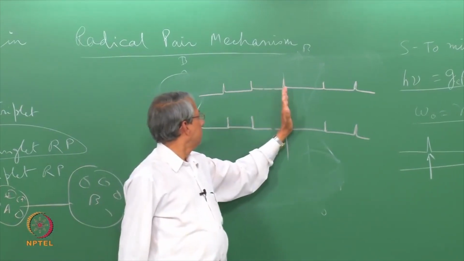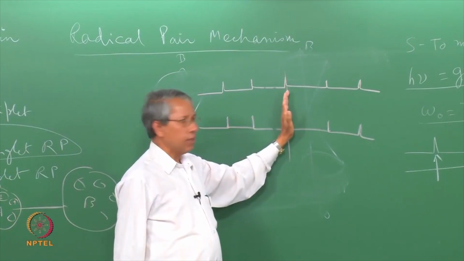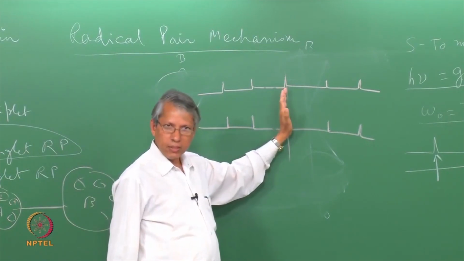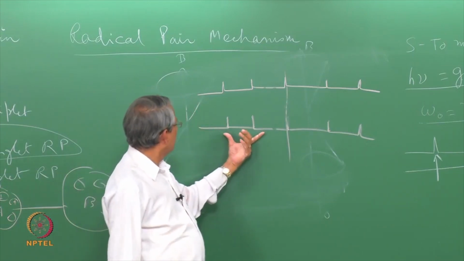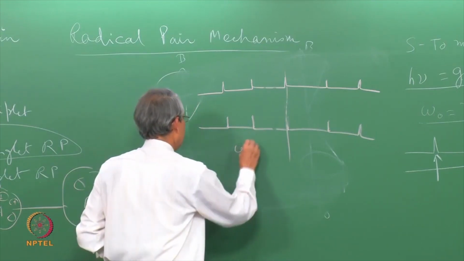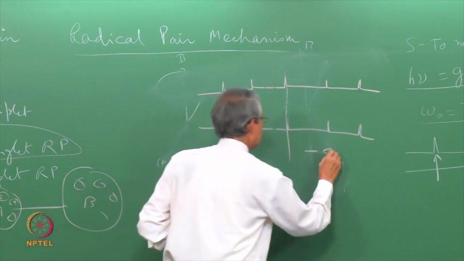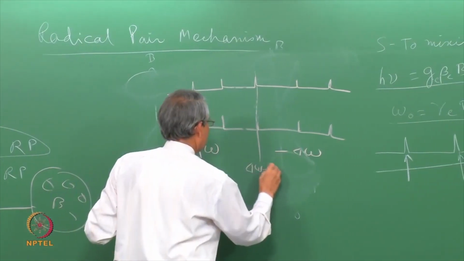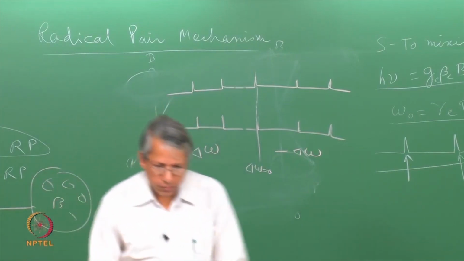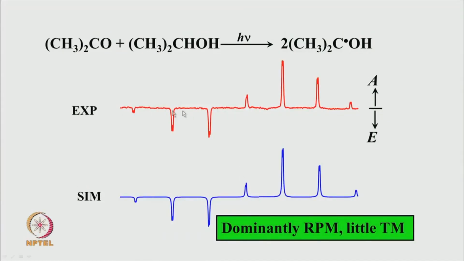For this middle hyperfine line, the precession frequency is precisely 0. If the values are delta omega here, this will be minus delta omega, but here delta omega is equal to 0. So, intensity should be precisely 0 here, but that is not true.